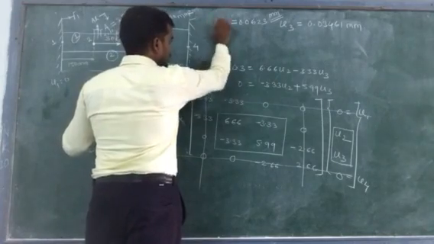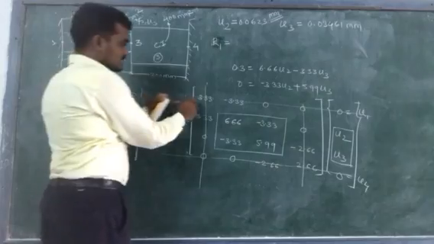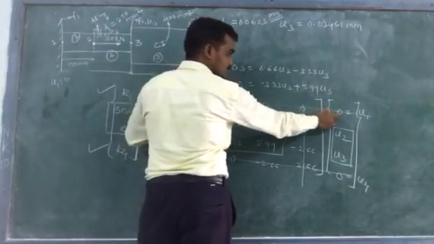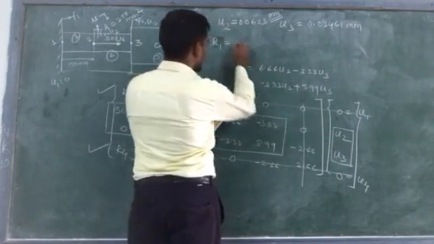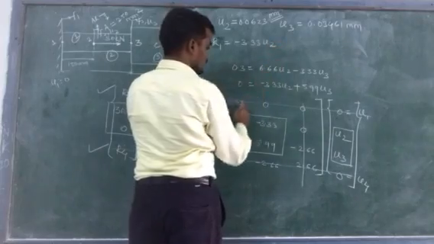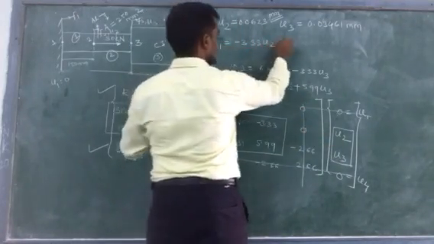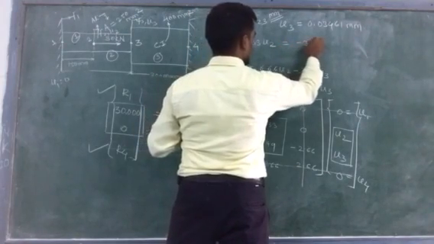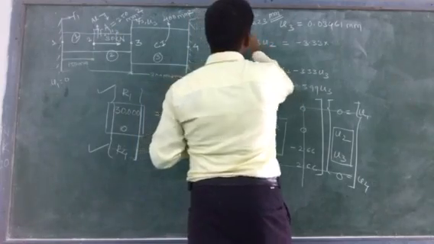R1 is equal to 3.33 times 0, which is 0, minus 3.33 times u2. 0 times this, 0 times this. So this is equal to minus 3.33 into u2.